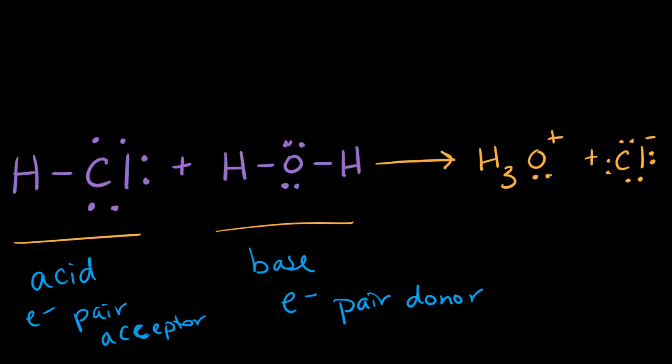The new bond is between the oxygen and the proton over on this side. And so what's happening is the electrons from the oxygen are attacking the proton here. The electrons that are being shared between H and Cl are migrating over to Cl to generate Cl minus. And so you can see that in terms of not only proton transfer, but electron transfer, these fit the definitions of acid and base.